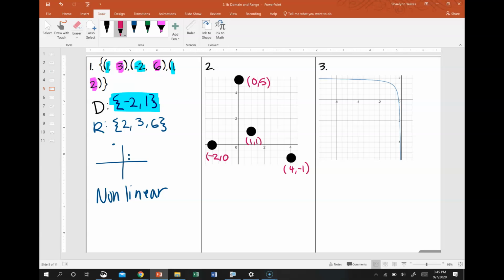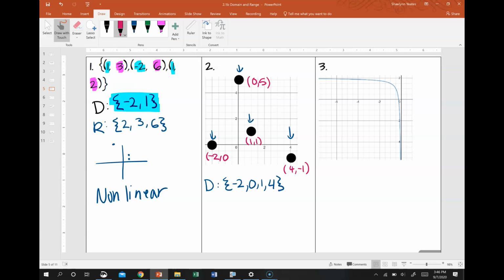Okay, so those are helpful to know, but my domain, remember, is just my x values. So I'm going through and I'm only looking at where they land. So this one lands right there. So this is at -2. Then my next one lands at 0. Then my next one lands at 1. And my last one lands at 4.